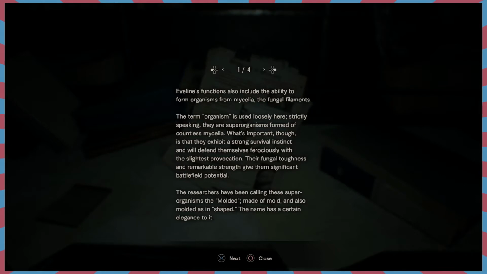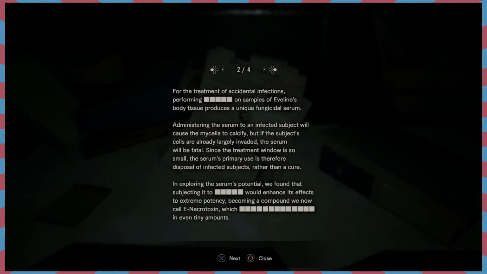Their fungal toughness and remarkable strength give them significant battlefield potential. The researchers have been calling these superorganisms the Molded. Made of mold, and also molded as in shaped, the name has a certain elegance to it. Our previous name of poopy gross monsters was just too long. PGMs.